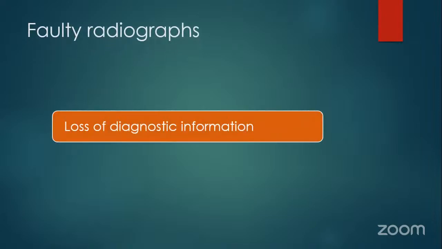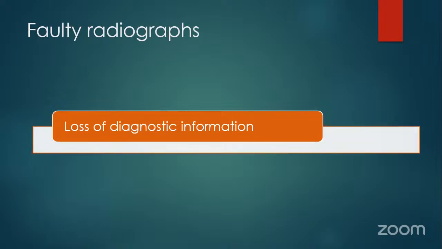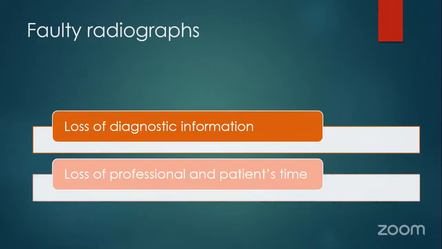And about faulty radiographs, it's a very small portion. Basically, faulty radiographs lead to loss of diagnostic information and loss of professional and patient time. It can be because of any mistake from the personnel side or the patient side, that is, any movement during image capture, or any technical error by the doctor while taking the radiograph, or any error in the processing or imaging part, or using an expired radiograph.